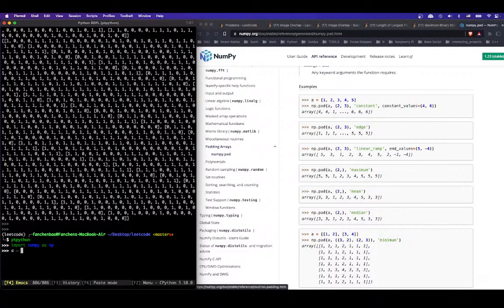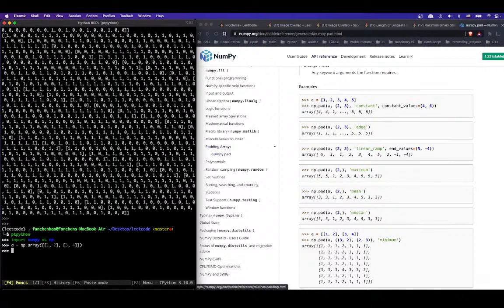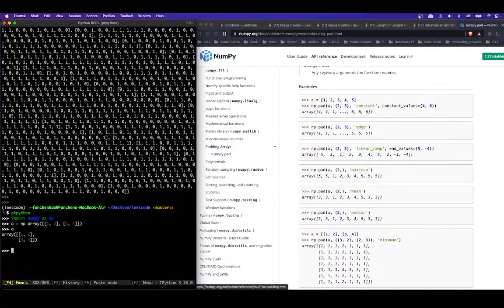Okay, so A equals numpy dot array. Let's do, what do we do? 1, 2, and 3, 4. Right, for the current case, I only need to numpy dot pad A. I want 2 and I want 0.